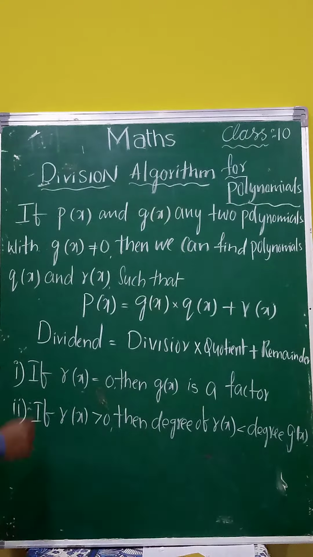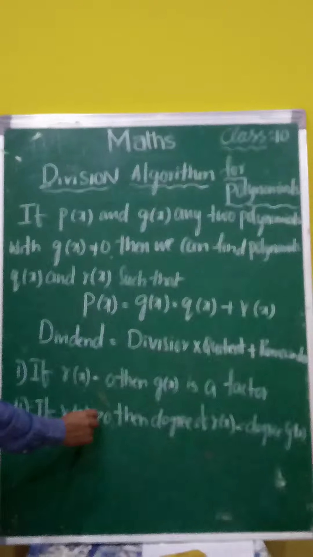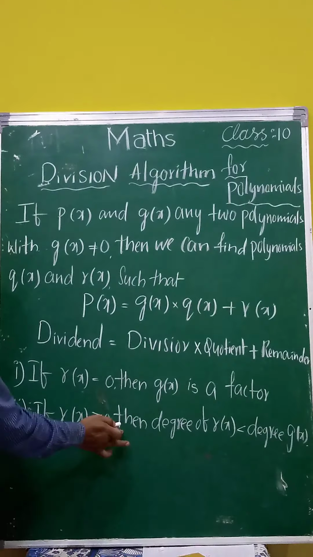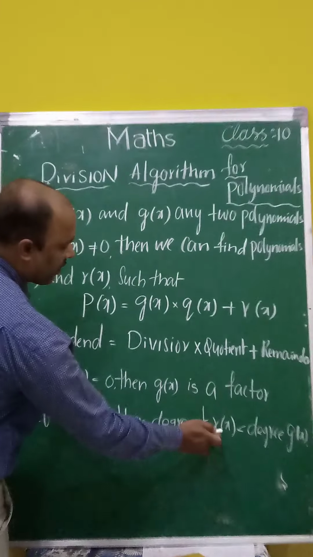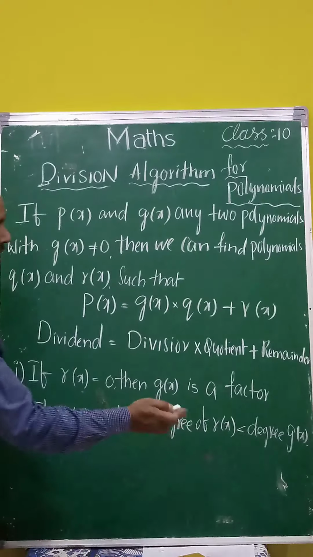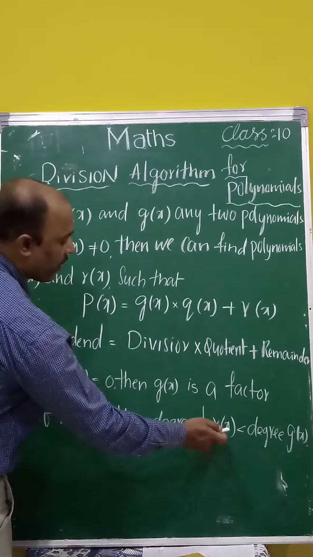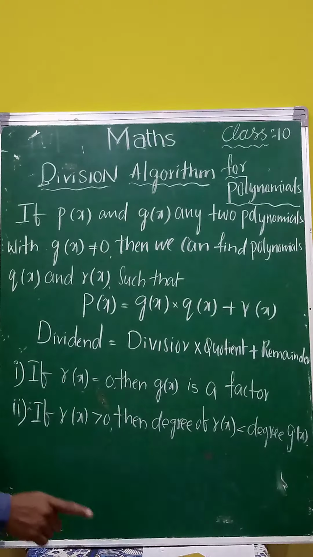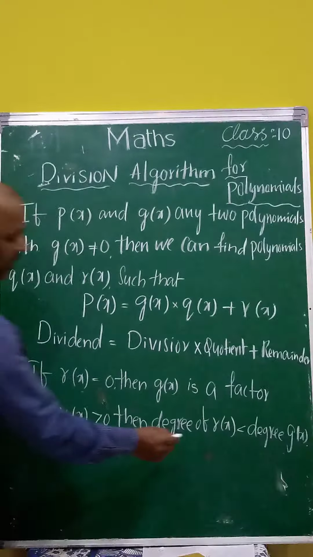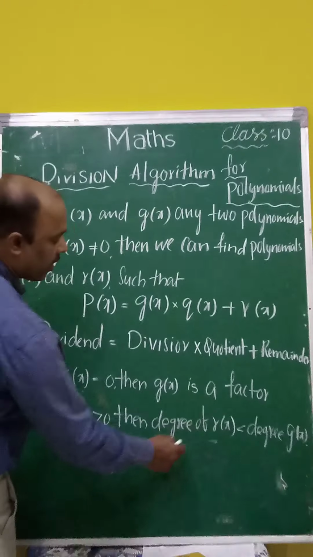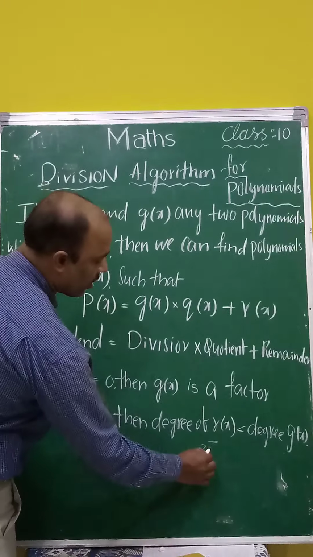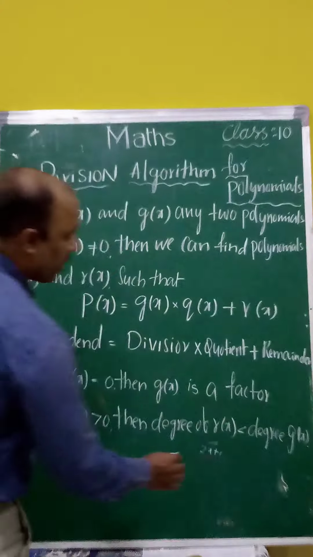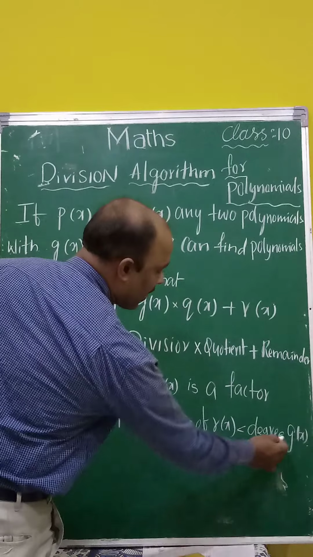Second, if r of x is greater than 0, then the degree of r of x, that means the highest power, is less than the degree of g of x.